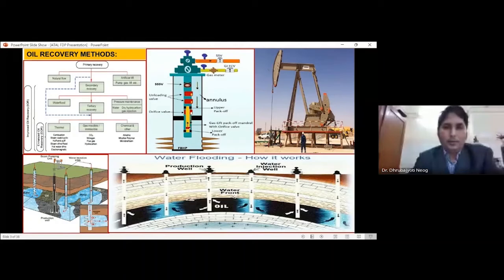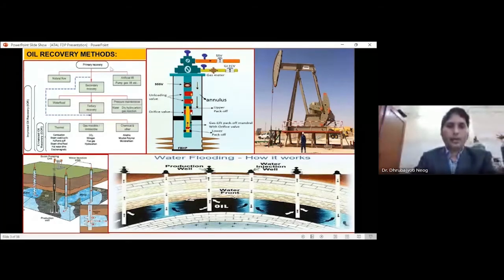All these reservoirs have the self potential to flow from the reservoir into the well. But whenever the primary energy, which is the inherent energy of the reservoir, is unable to help in the displacement of crude oil towards the producing well because of pressure depletion with cumulative production of oil, it is required to introduce secondary recovery methods.